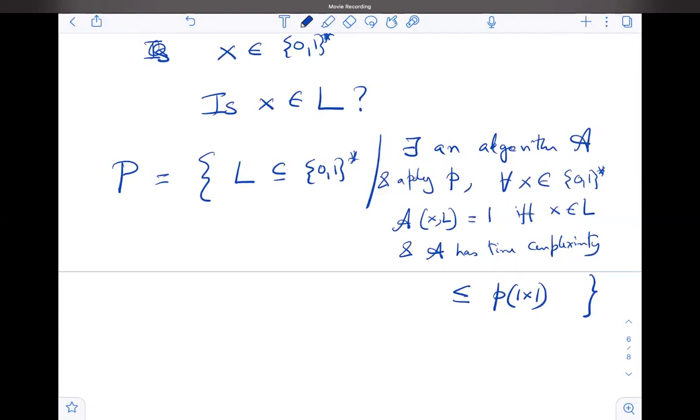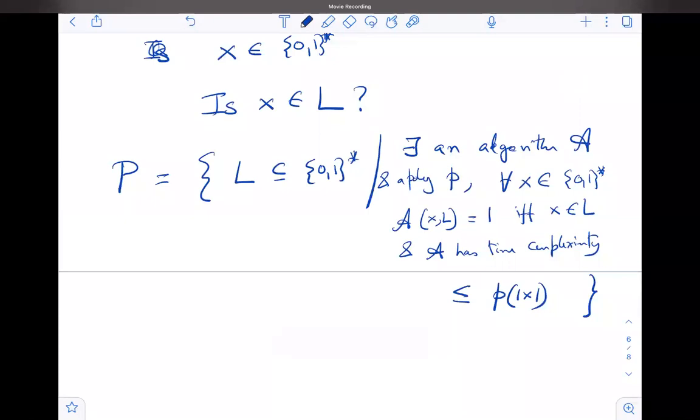Think of it in this way. If you have a friend who comes up and tells me, give me a knapsack instance and a T, whatever the value is, I will answer you correctly whether the knapsack's maximum value is more than T or less than T. Can you use your friend to solve your knapsack problem?